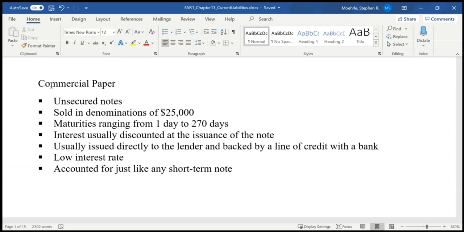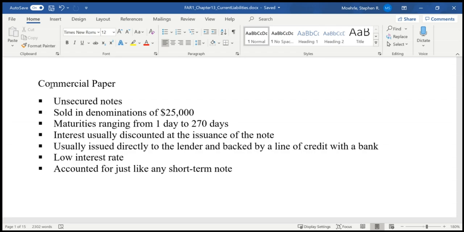So one company calls another and makes a commercial paper borrowing, and the lender simply holds back the interest. So the company borrows 1,000.